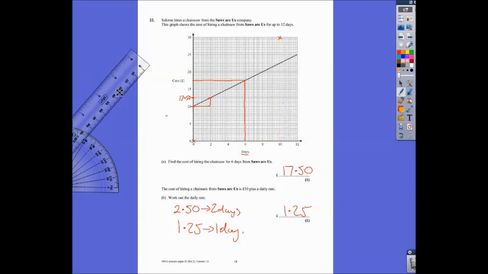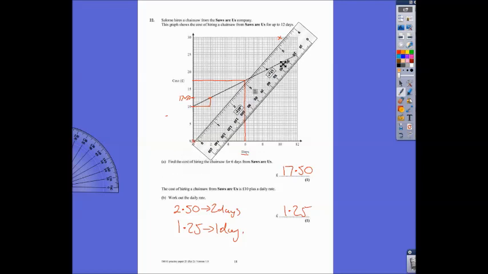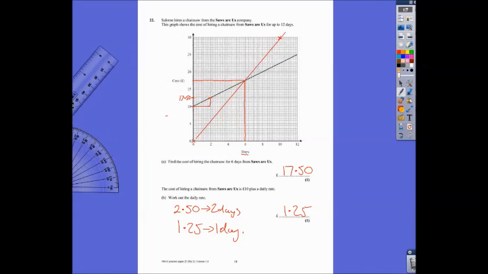So if we get our ruler and we join that up, again be as accurate as you possibly can. We can see that for anything up to 6 days, it is cheaper to buy from the second company. Then after 6 days, it gets more expensive. So this line here is you working out for this next answer.